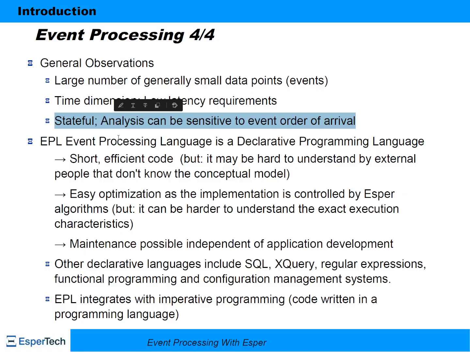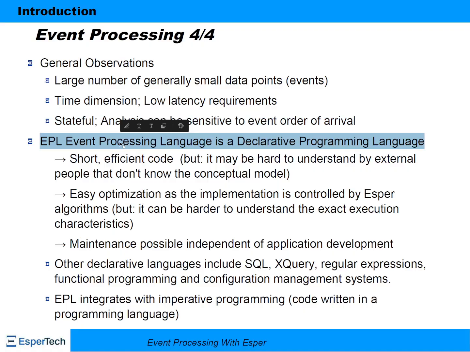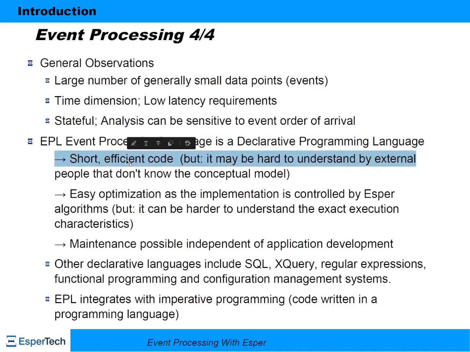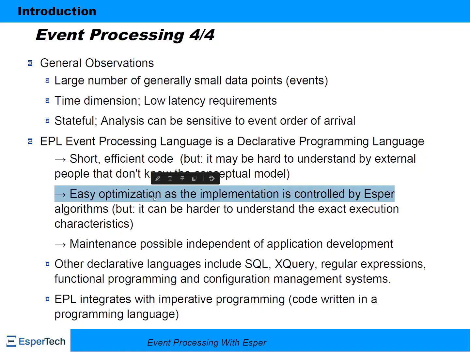The Esper EPL event processing language is a declarative programming language. EPL allows you to write short, efficient code. But, it may be hard to understand by external people that don't know the conceptual model. EPL allows for easy optimization as the implementation is controlled by Esper algorithms.